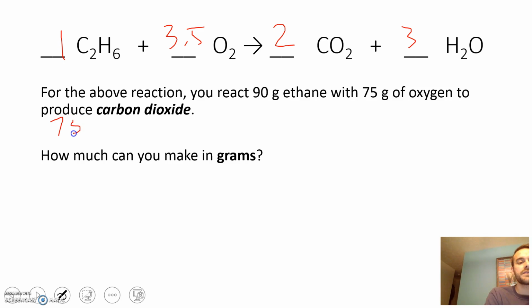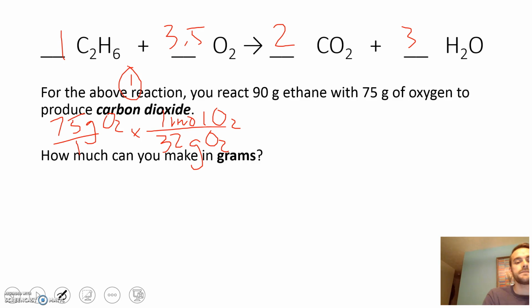So now let's convert 75 grams of oxygen to moles of CO2. So I'm going to divide by the molar mass of oxygen to get it into moles, which is what we have now done in this step. So that will be step 1. Step 2, it's going to happen over here. You're going to use the ratio. The ratio for O2 to CO2 is strange.